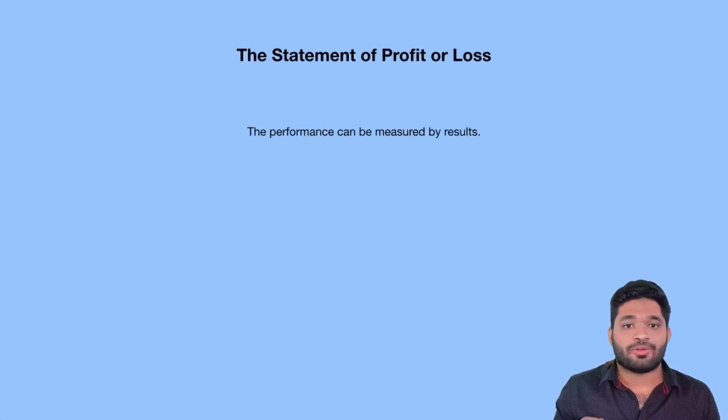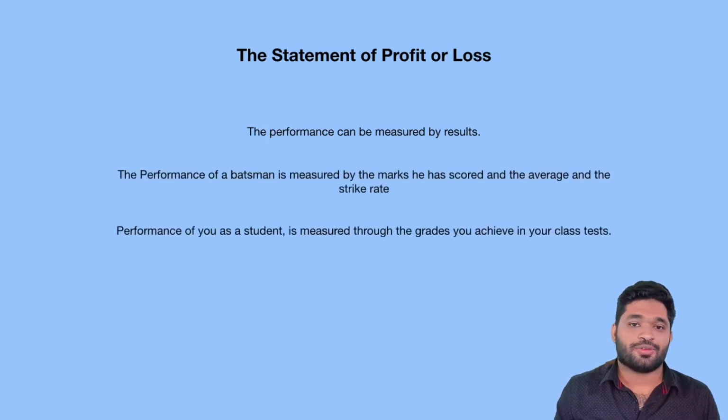Now, performance is measured through results. If you take a batsman, the batsman's performance is measured based on the marks the batsman scores and the strike rate that the batsman maintains, right? When you consider yourself as a student, your performance is measured based on the marks that you get on your class test.